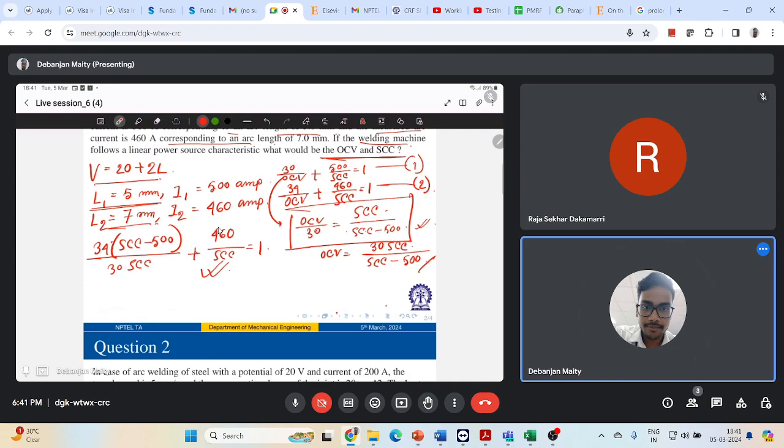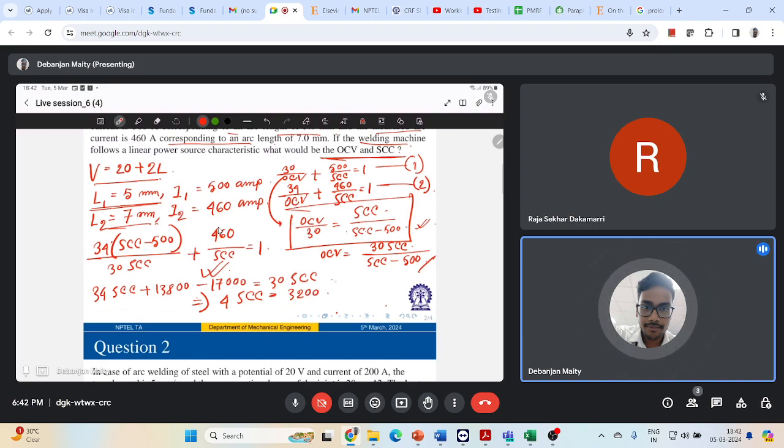Okay, let me solve this. So, 34 SCC minus this. So, 34 SCC, 17,000, that is into 30 SCC. So I'll end up with some equation, right?